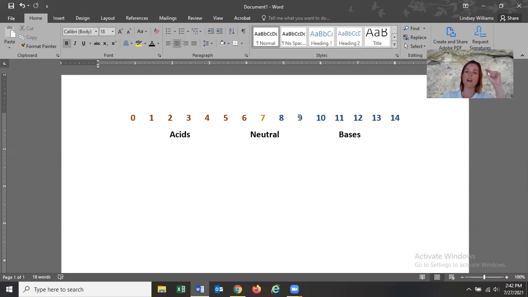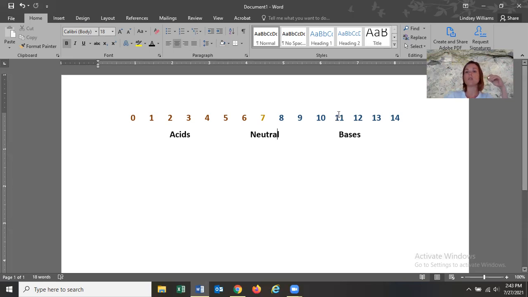Zeros. So if I go from an 11 to a 9, it's a factor of 10, 2 jumps, 10 times 10. All right, so 10 times 10 is 100. That's the same thing as saying 10 to the 2. All right, so 10 squared is 10 times 10, which is 100.